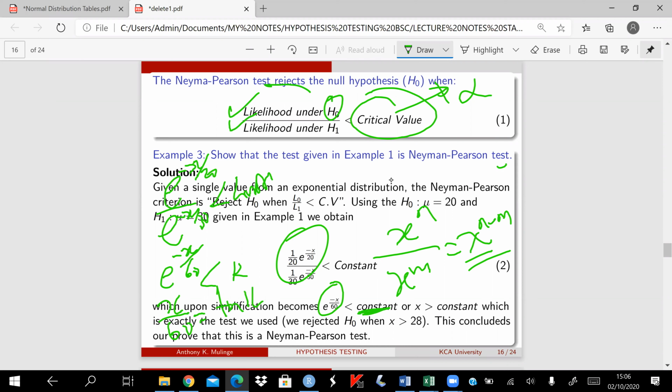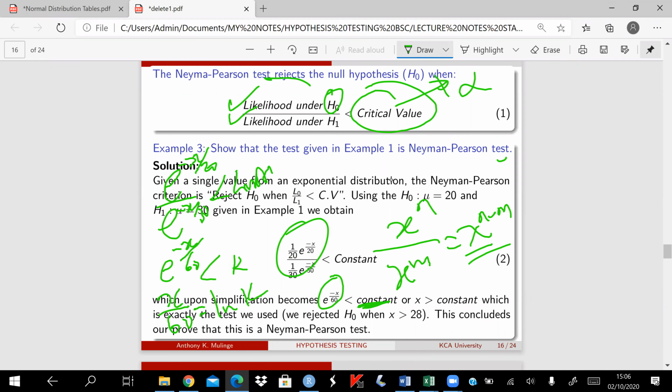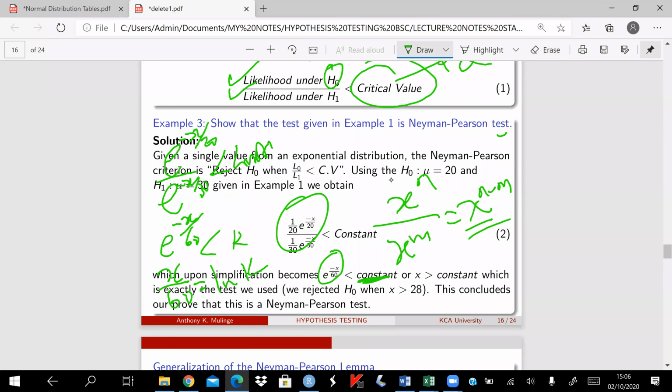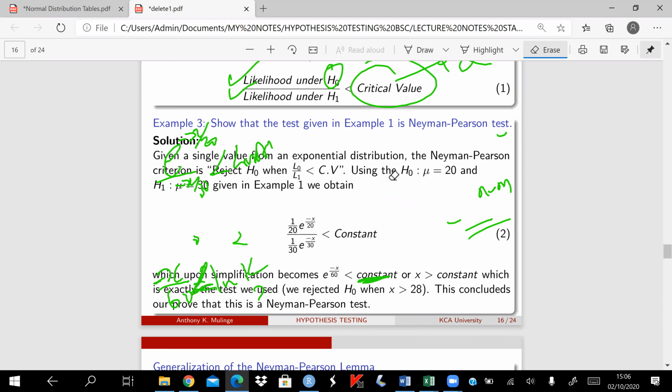Let me repeat that story so that there's no confusion.